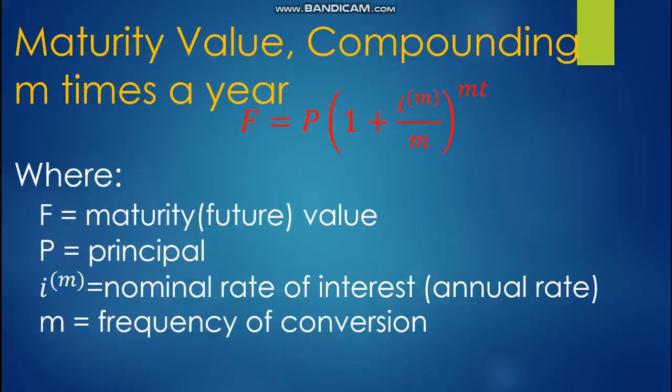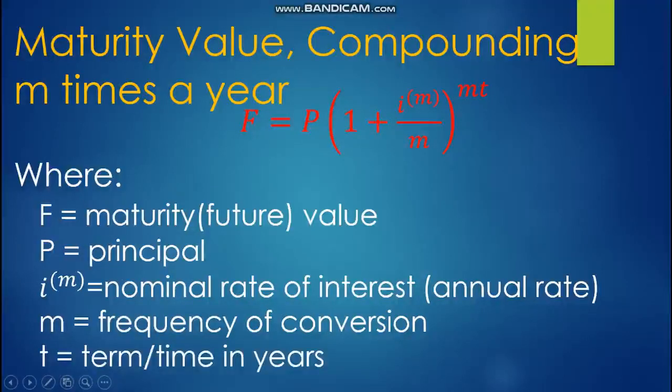Like for example, kapag compounded quarterly, the symbol that we're going to use for m will be equal to 4. So the symbol will be i raised to quantity 4. Again, yung m natin, yung frequency of conversion. And lastly, we have t, term, or time in years.